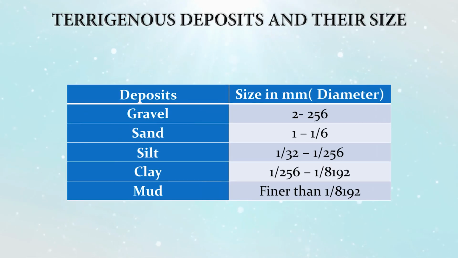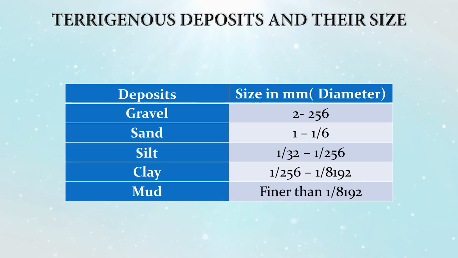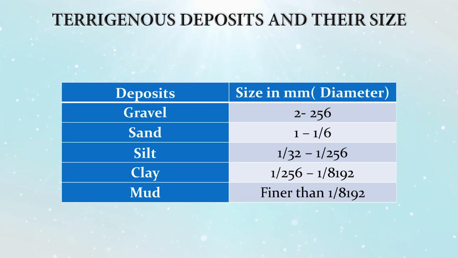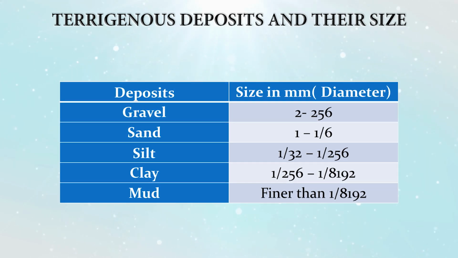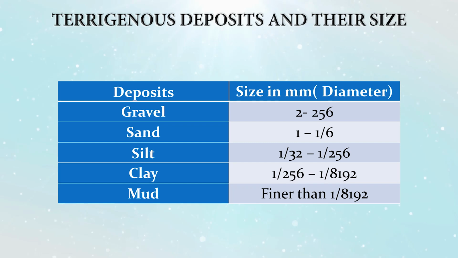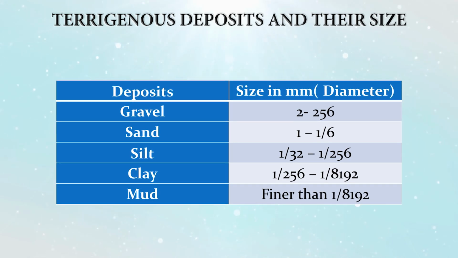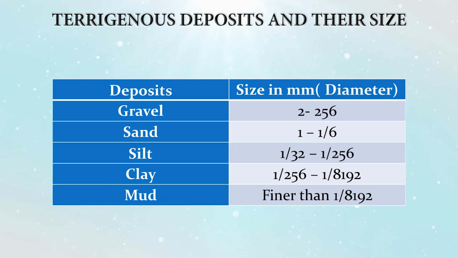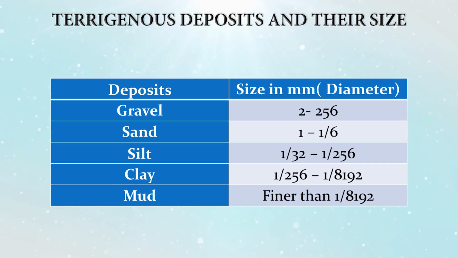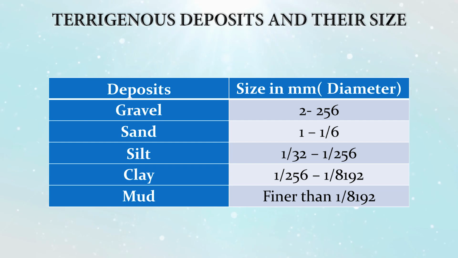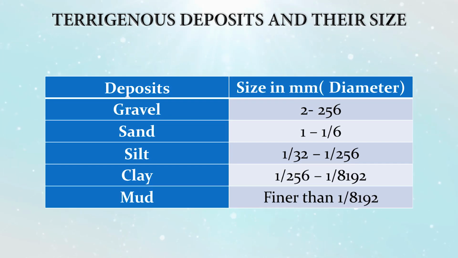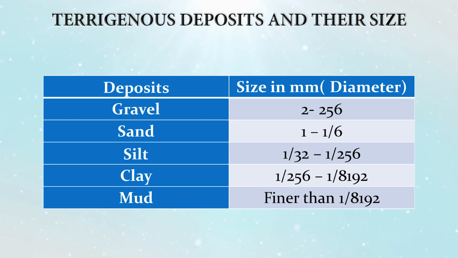In this table, you can see the size in diameter of the different terrigenous deposits. Gravel has the largest diameter, ranging between 2 to 256 millimeters, and mud is the finest amongst them, whose diameter is even less than 1/8192 millimeters.